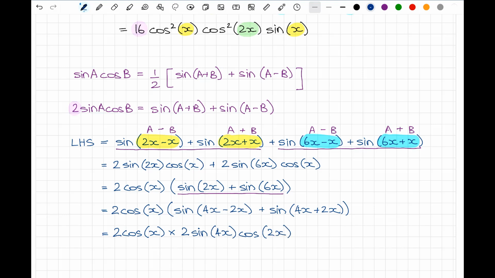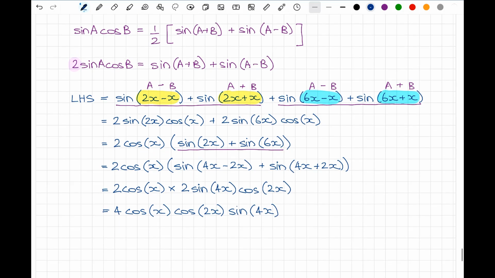And the 2 times 2 I can now write as 4, so I'm getting closer to the 16 that I need at the front. I've got a cosine of x, a cosine of 2x, and then a sine of 4x.